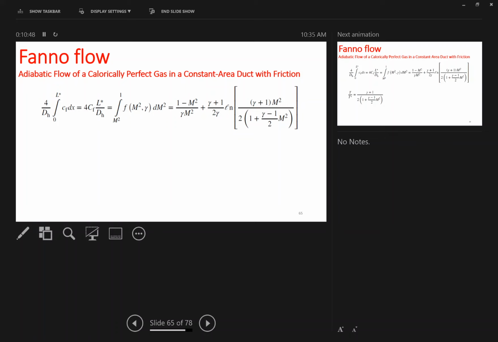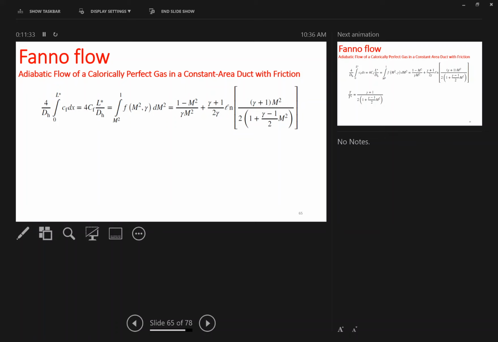The right-hand side is a little complicated, and you will get this long equation that has some natural log terms in it, and the ratios of the Mach numbers. Keep in mind that this Mach number here is your inlet Mach number, because the outlet Mach number is 1, the sonic condition. So this integration is done from the inlet to the sonic condition. That sonic condition can be at the outlet, or it can be beyond the outlet, or it can be inside the duct.